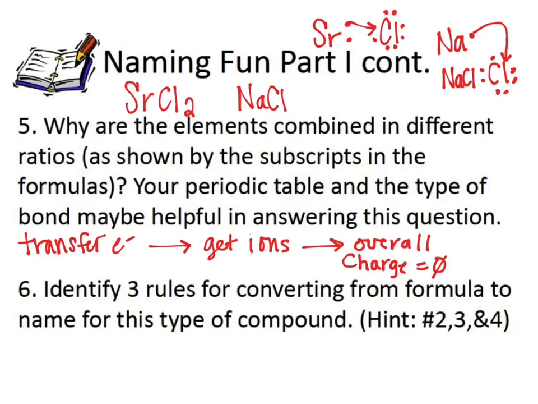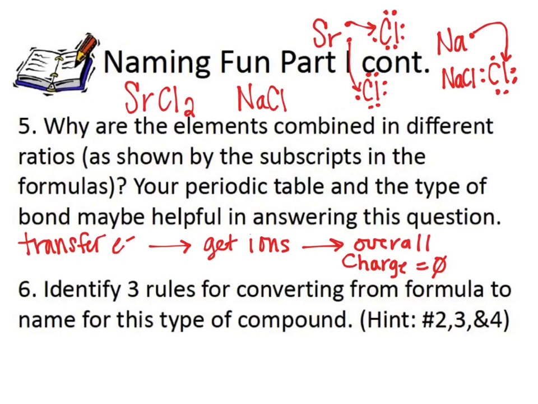Chlorine is happy, but strontium is not. So we need another what? Another chlorine. That's 7, so I can fill in the last one. So remember we drew these diagrams last semester, and we wrote those formulas. That's what we're going to be doing now. Okay?